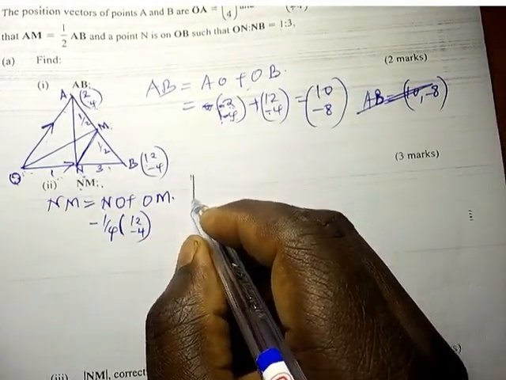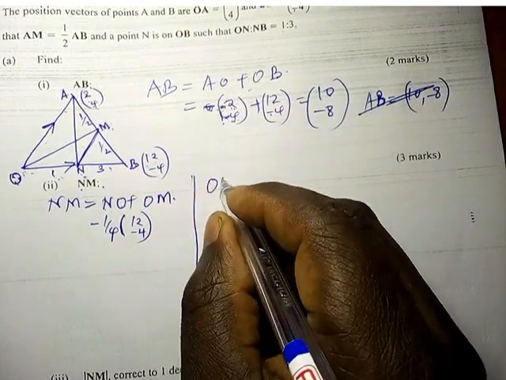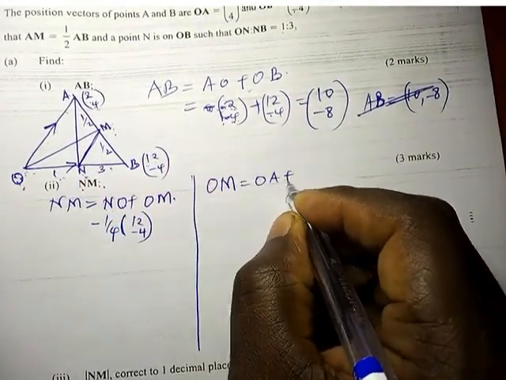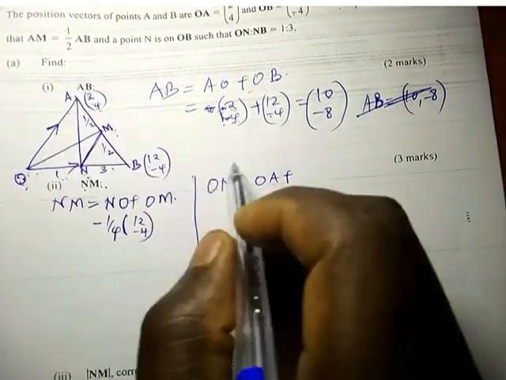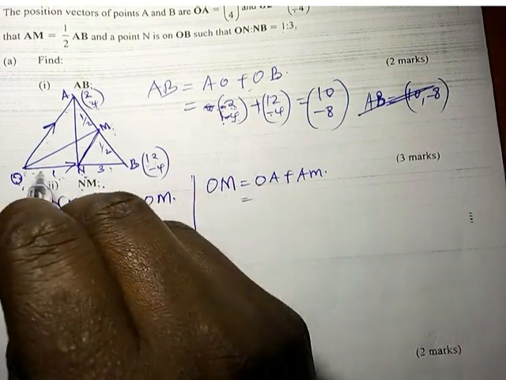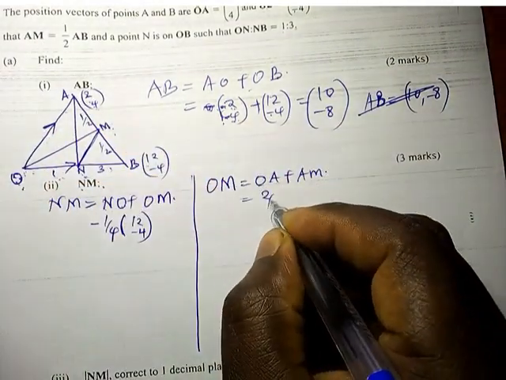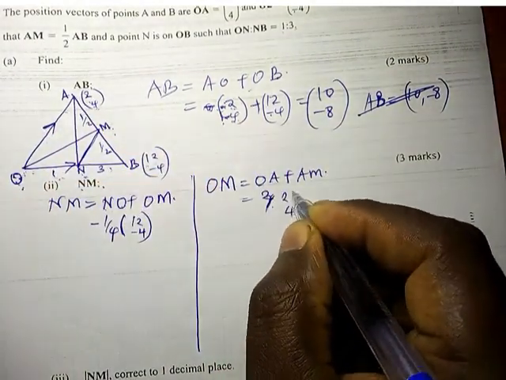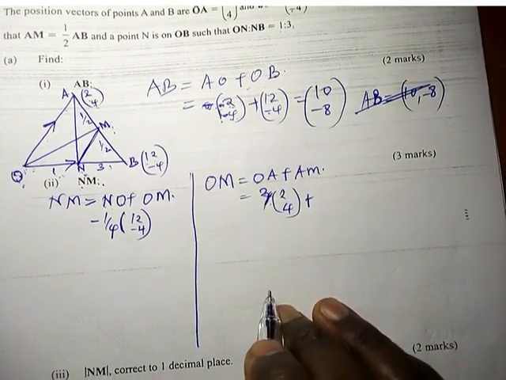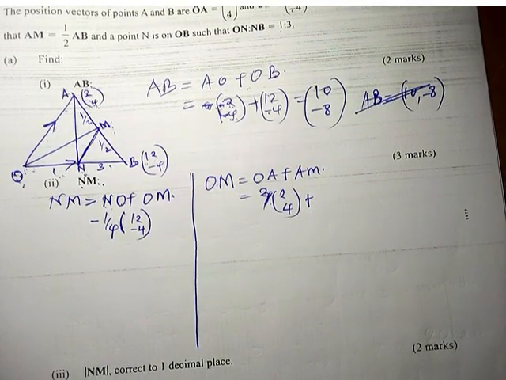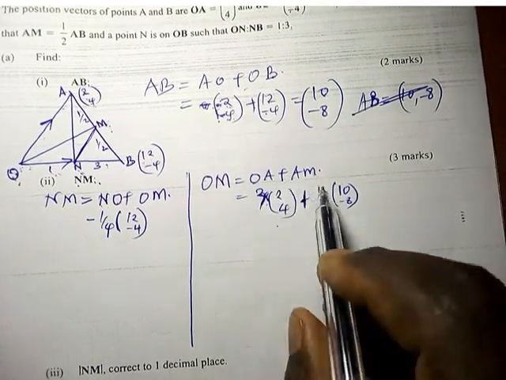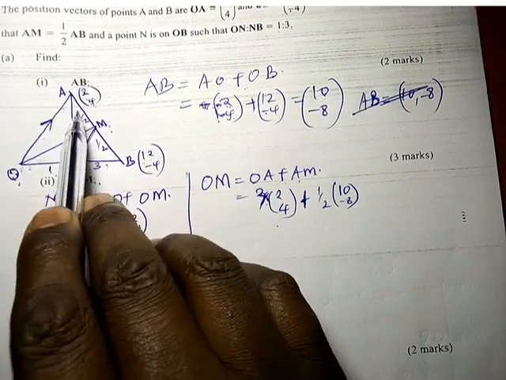So let us see OM. OM is equal to OA plus AM. OM is 24 plus AM. AM is simply a half AB.